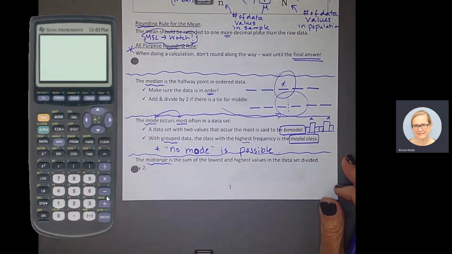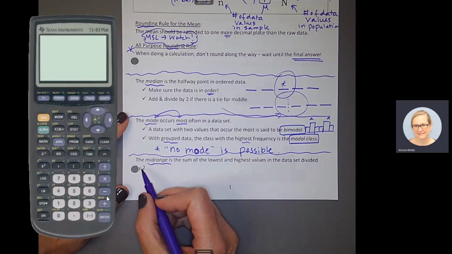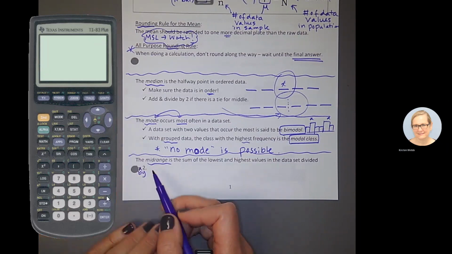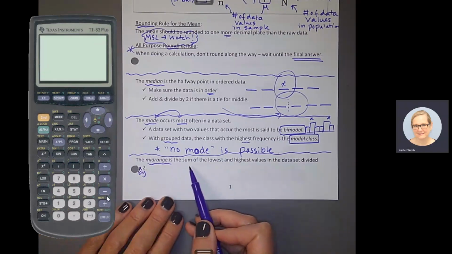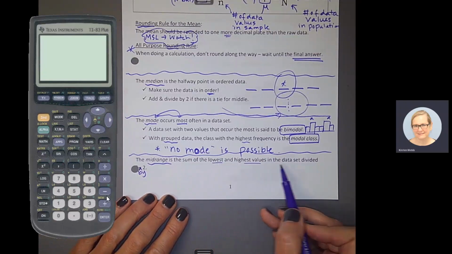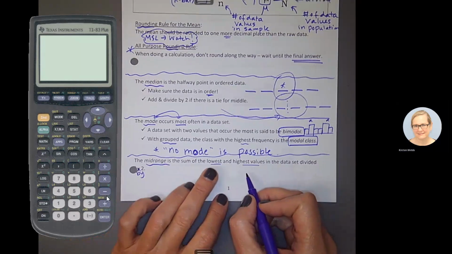So mean, median, and mode so far. Fourth one, last one on the page here is mid-range. Says to find the mid-range, we're going to sum or add the lowest and highest values in the data set and divide by 2.